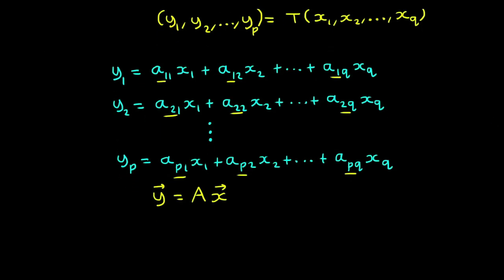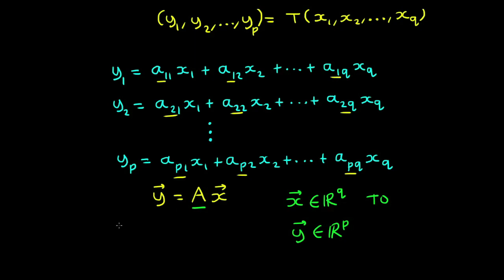So effectively, A is a transformation that maps a column vector in the vector space of q tuples to a column vector y in the space of p tuples.